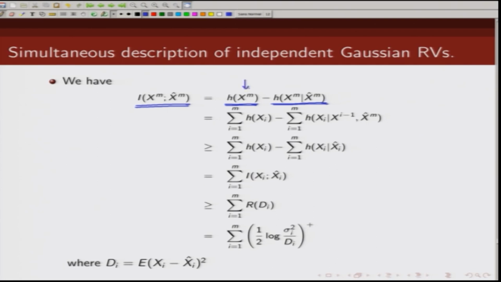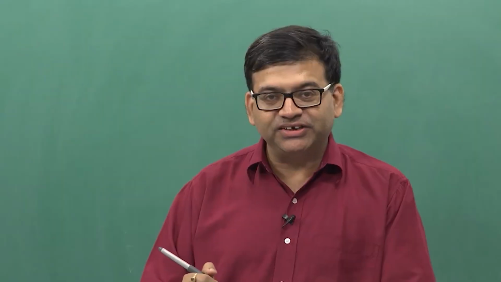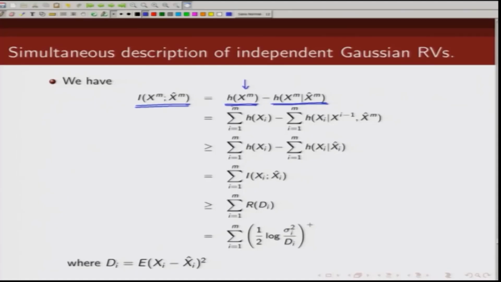Now x1, x2, x3 are independent, so we can write the differential entropy h of x^m as h of x1 plus h of x2 plus h of x3 up to h of xm. And similarly, I can write h of x^m given x hat m, which is basically x1, x2, x3, up to xm given x hat m, in this particular fashion.